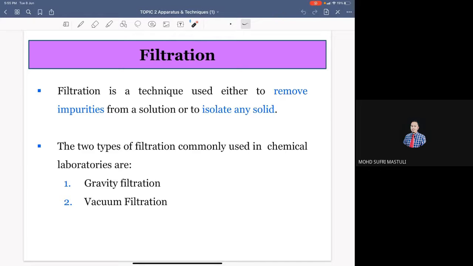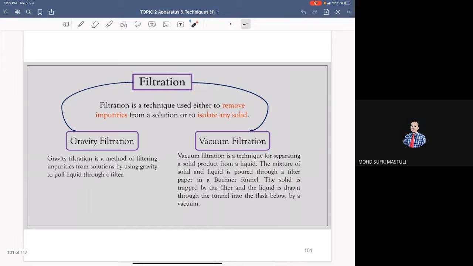Filtration is a technique used either to remove the impurities from the solution or to isolate a solid. We have two types of filtration, gravity filtration or vacuum filtration.